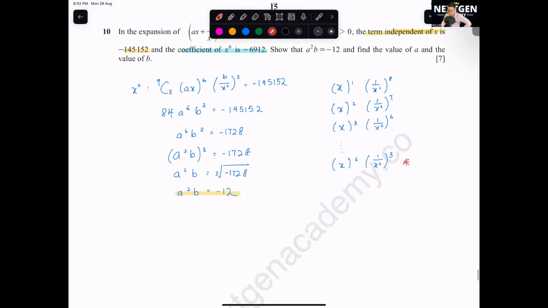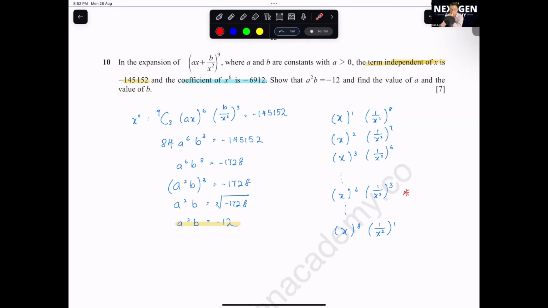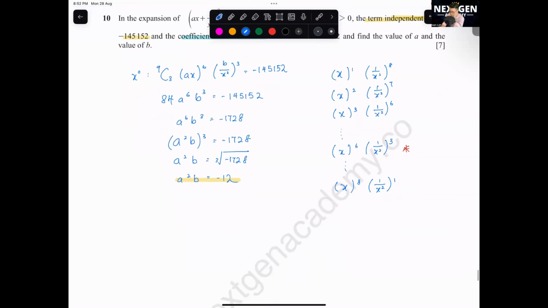Next one. How to find the coefficient of x to the power of 6? This is a combination, x to the power 6. I will take x to the power of 8, then here 1 over x squared to the power 1. You just need to know that your powers added together will always equal 9. So x to the power 8 divided by x squared, you get x to the power 6.